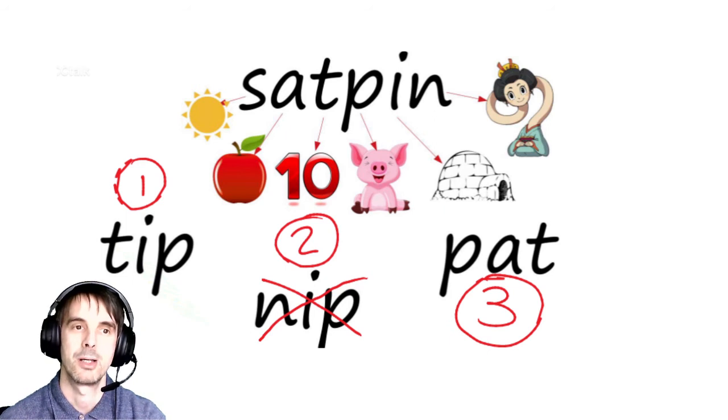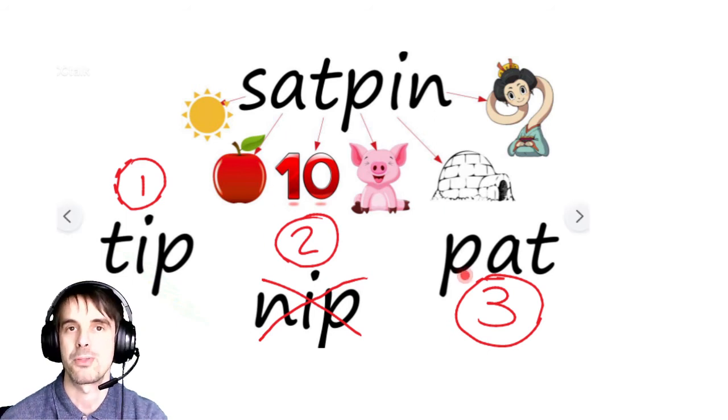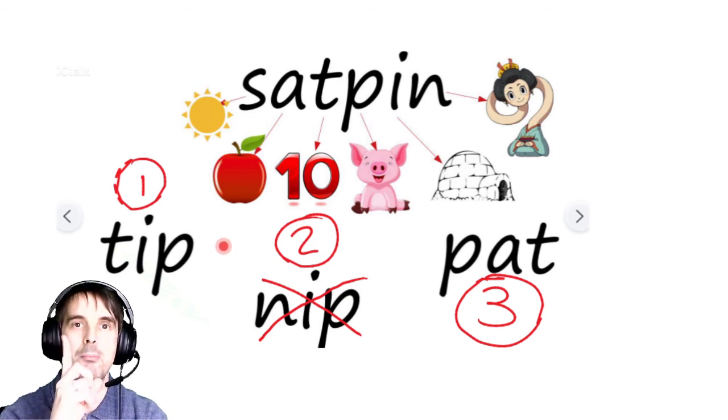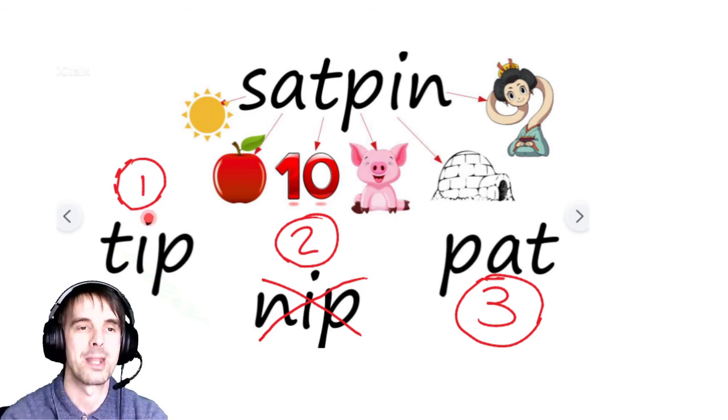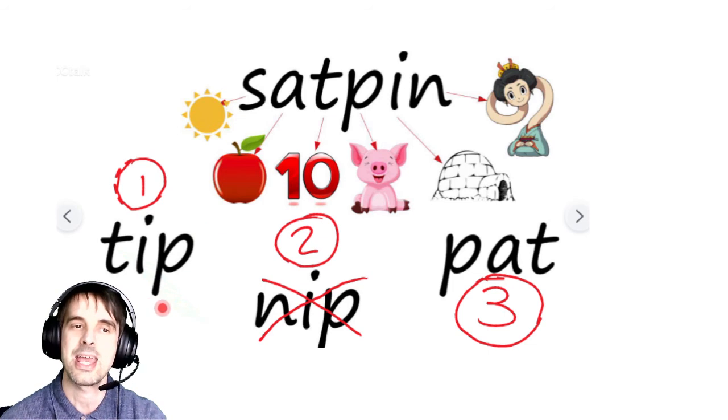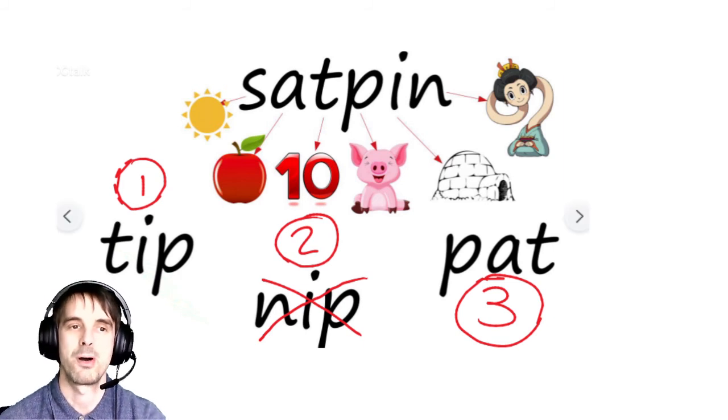Time's up. Was it number 1 or was it number 3? It was number 1. We did t, I, p, tip. Excellent.